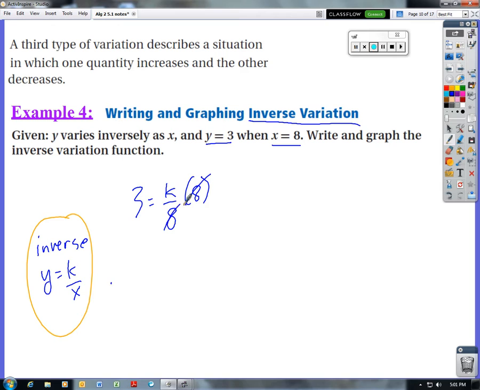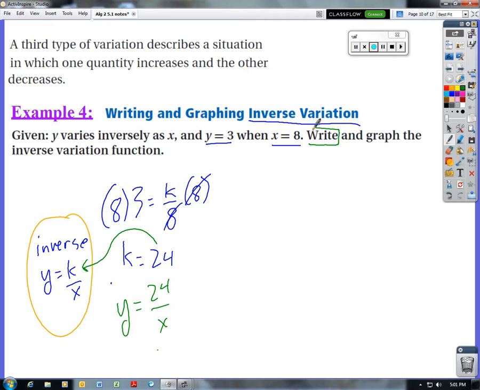That'll get rid of that. Multiply this by 8. And k is going to be equal to 24. So let's take that k value and plug it back into our original equation. And we come up with the equation y equals 24 over x.